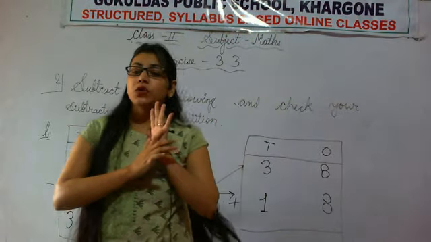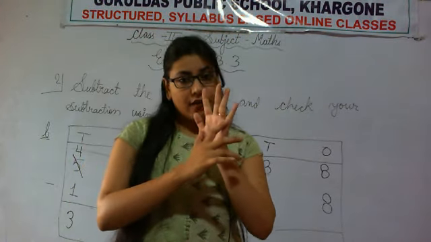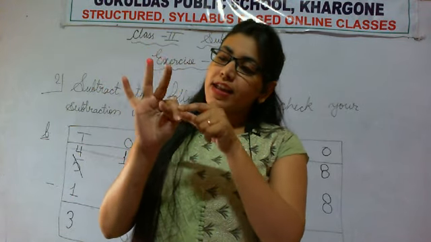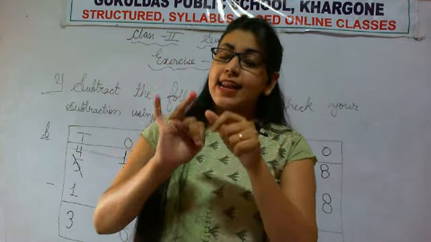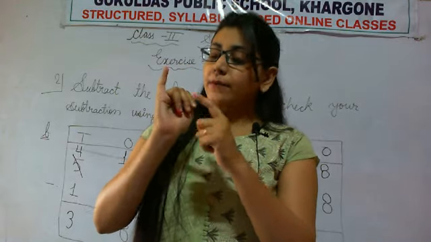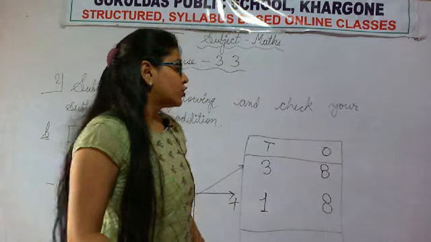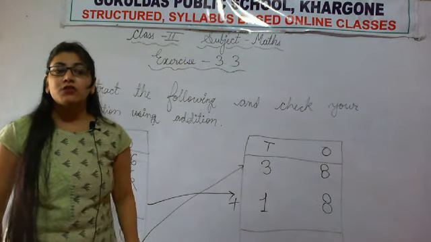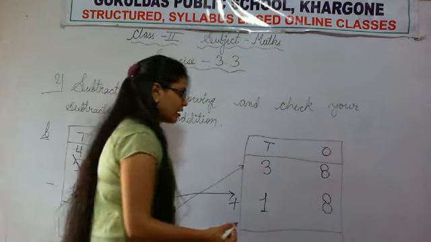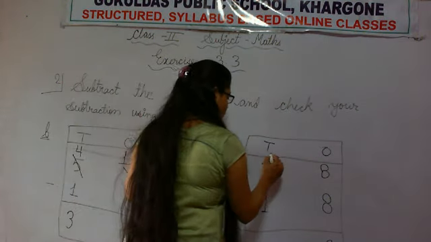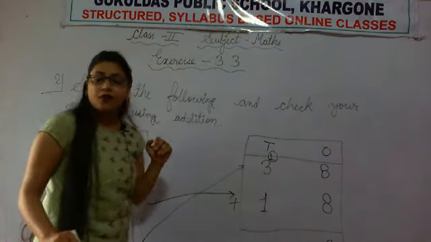Now we'll count the total finger marks: 1, 2, 3, up to 16. 16 finger marks. So we got a 2-digit answer, so we will do regrouping here. We'll write 6 in the ones column and 1 in the tens column in the form of carry.